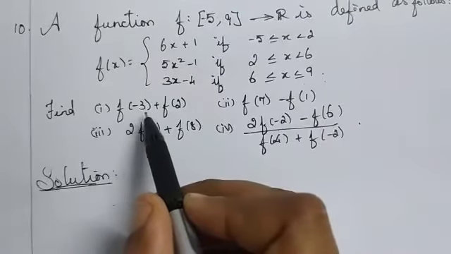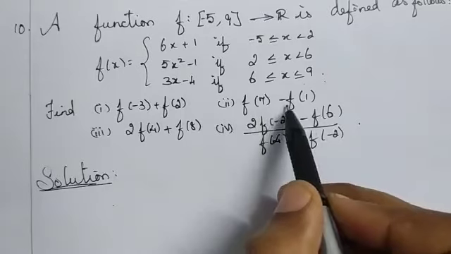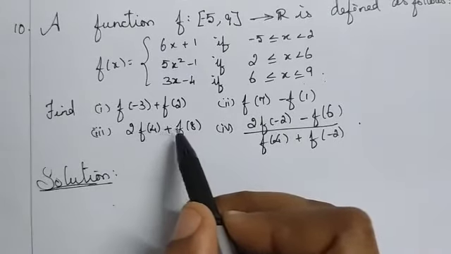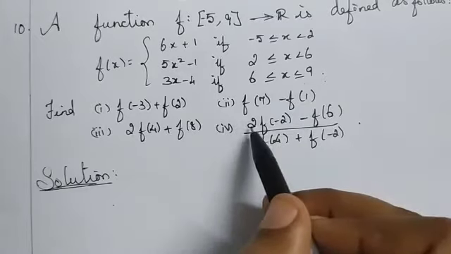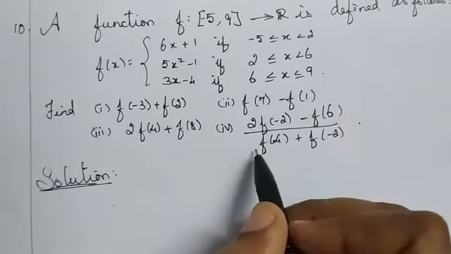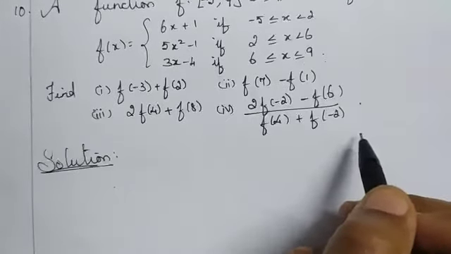Find f of minus 3 plus f of 2, f of 7 minus f of 1, 2 into f of 4 plus f of 8, 2 into f of minus 2 minus f of 6, f of 4 plus f of minus 2.